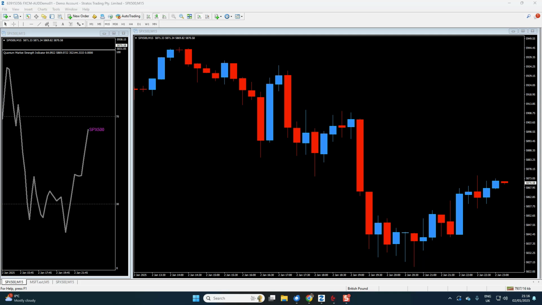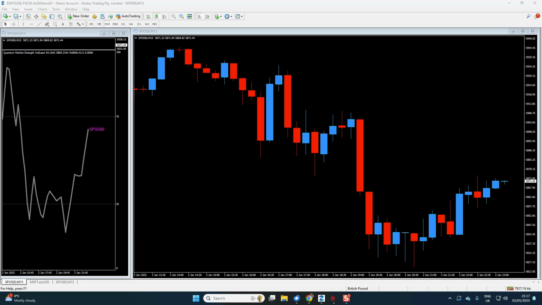Now, in terms of using the MSI from a trading perspective, in a similar way to the CSI, one of the key things that we always want to try and establish, if we can, is major turning points in the price action. The indicator can be used in any time frame, so whether you're a scalping trader or a longer term swing or trend trader, it doesn't matter.